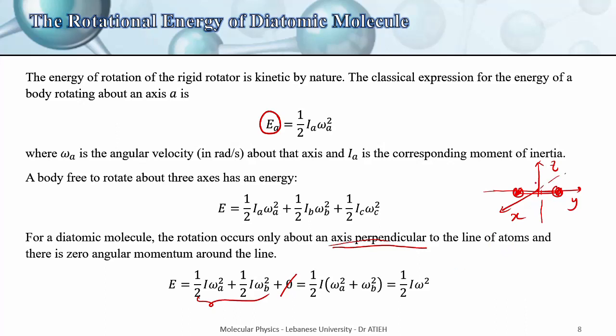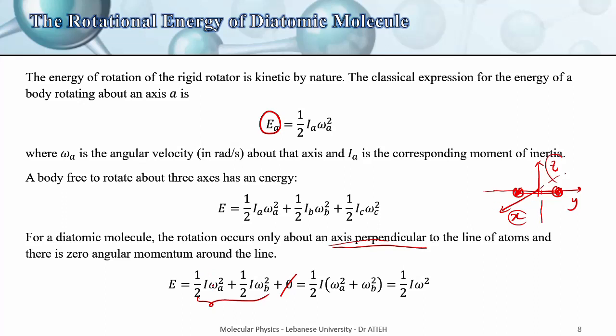There is only rotation about the directions that are perpendicular to the internuclear distance. So there's a rotation around z and there's a rotation about the x-axis. The moments of inertia about the z-axis and x-axis are equal because the distribution of mass is the same. You can see it clearly.